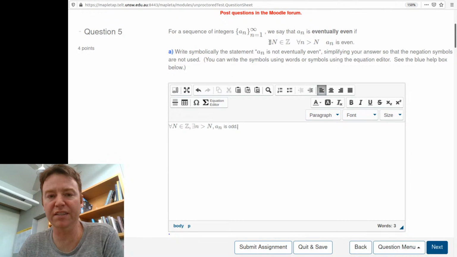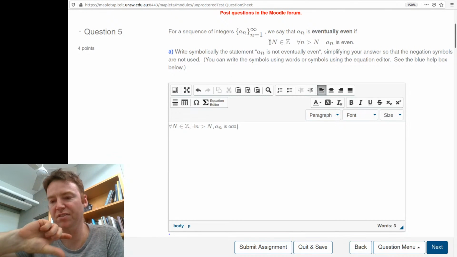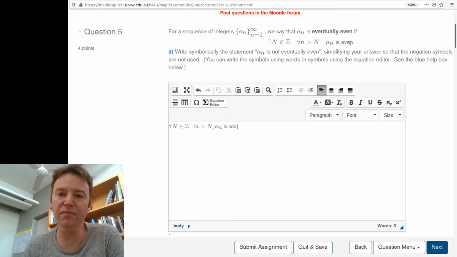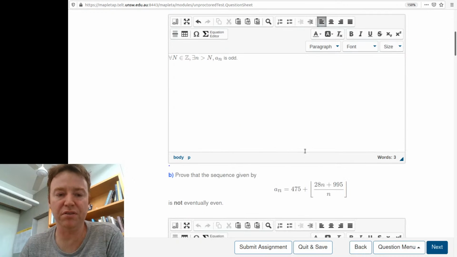So swapping the exists, just toggling from exists to for alls, and then you negate the final statement. So not even is the same as odd.